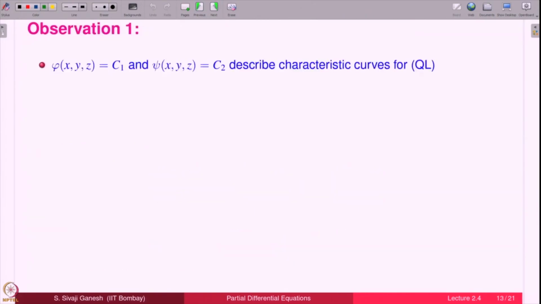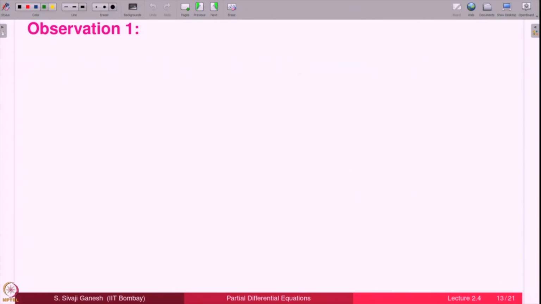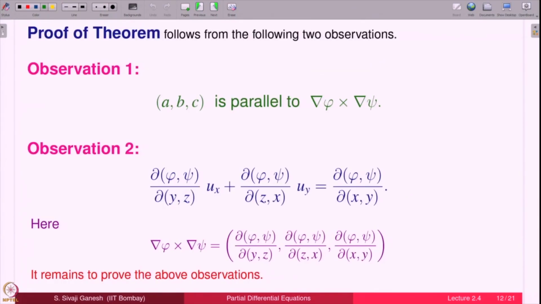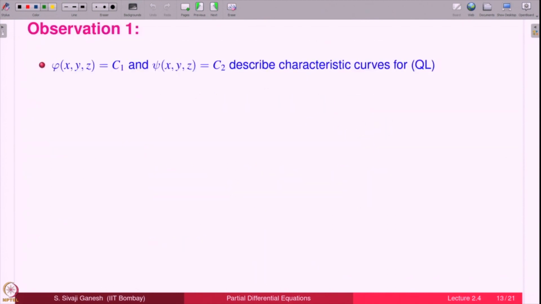Observation 1, what is observation 1? ABC is parallel to grad phi cross grad psi. So, phi equal to C1 and psi equal to C2 describe characteristic curves for QL. This is the assumption. What does that mean?